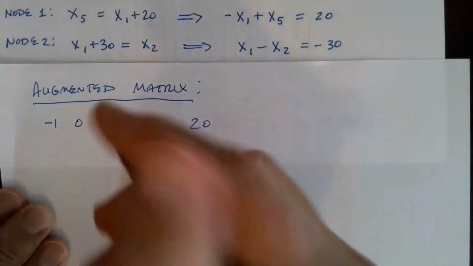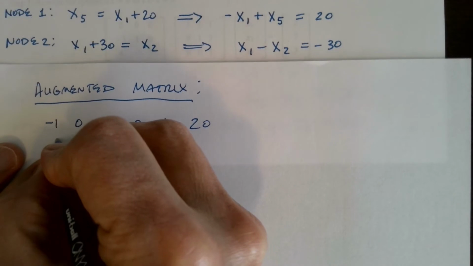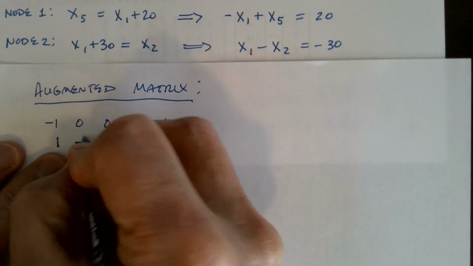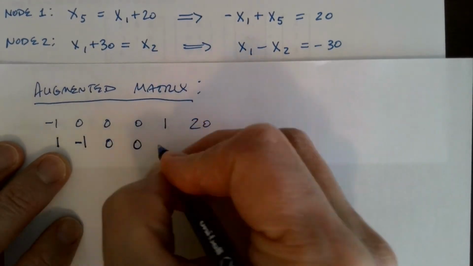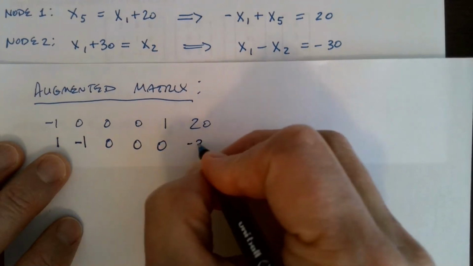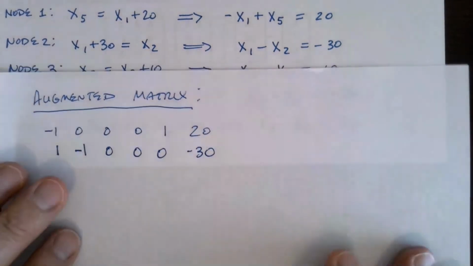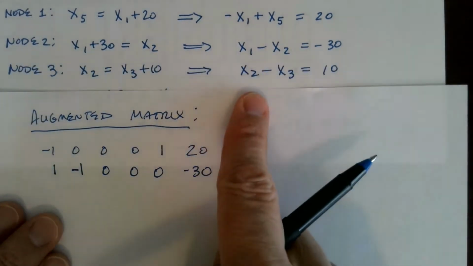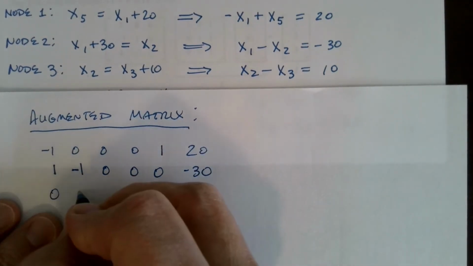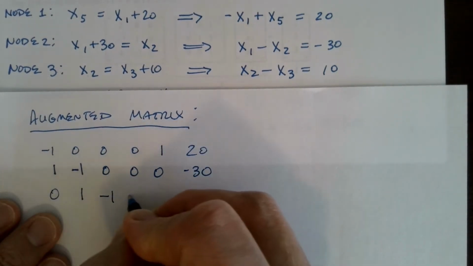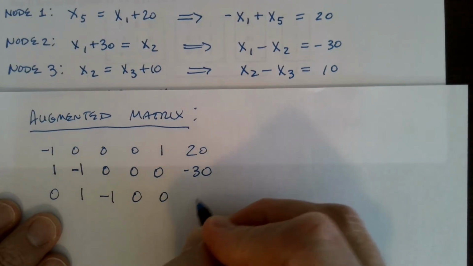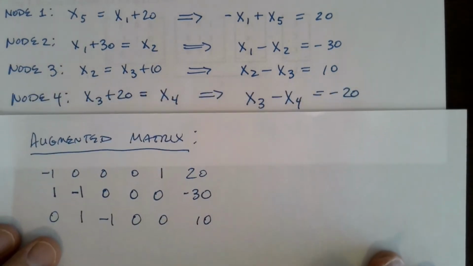For the second equation, I've got 1x of 1 minus 1x of 2, no x of 3, x of 4, x of 5, so I've got negative 30 for my constant. And so we continue to proceed through that. The next equation has no x of 1, 1x of 2, minus x of 3, no x of 4, no x of 5, equals 10, and so on.